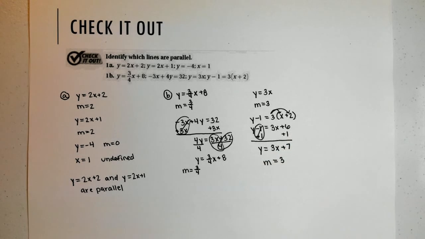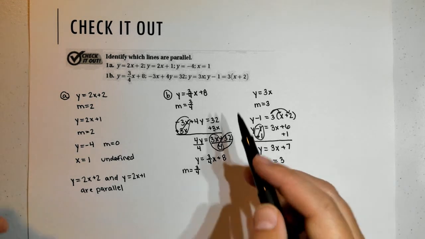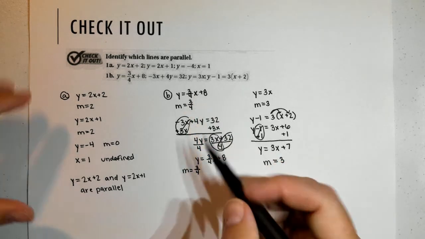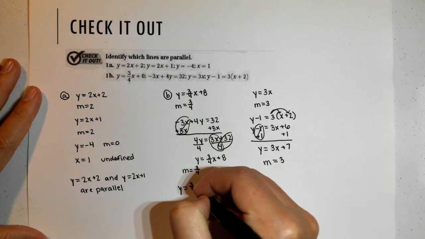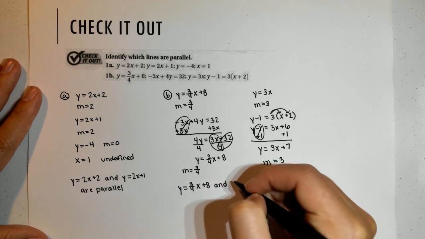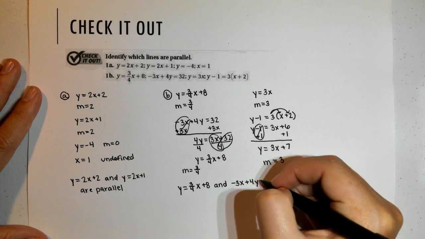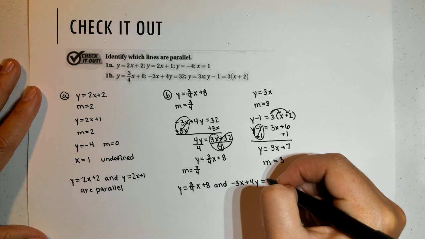So in this problem, I have 2 sets of equations that are parallel. The first two are these two right here: y equals 3/4 x plus 8 and negative 3x plus 4y equals 32.